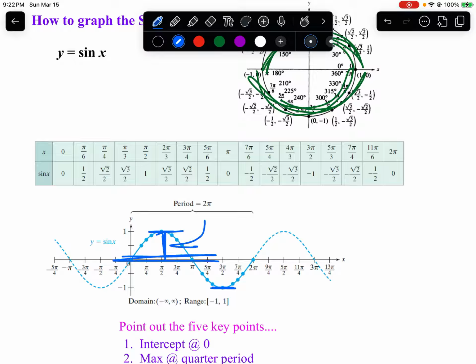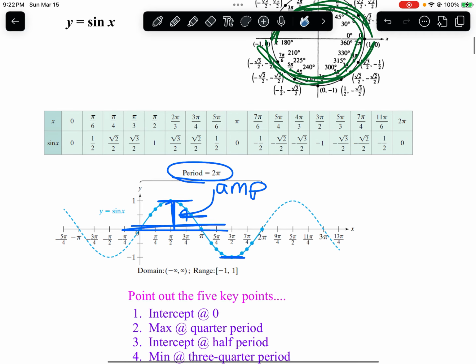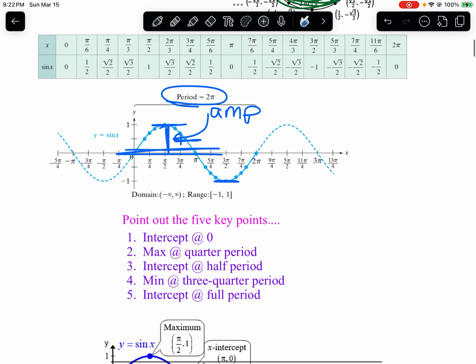And this piece here, that height from this middle line, that is what we call the amplitude. It's how high or how low a graph gets. And then how long it takes for our graph to repeat is what we call the period. So the base sine and cosine function repeat every 2 pi radians, or every 360 degrees.